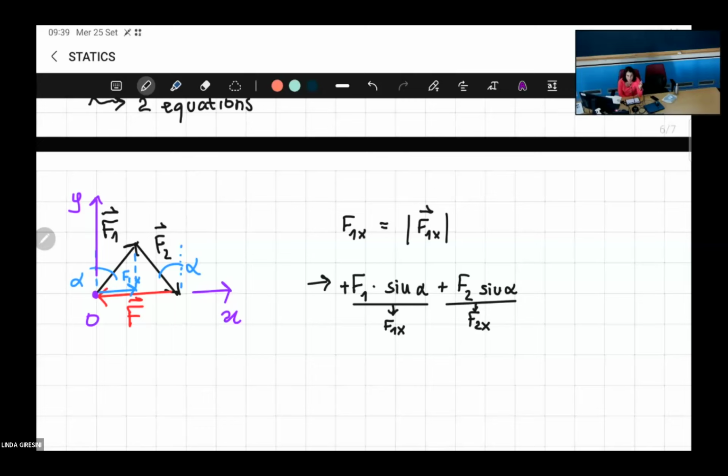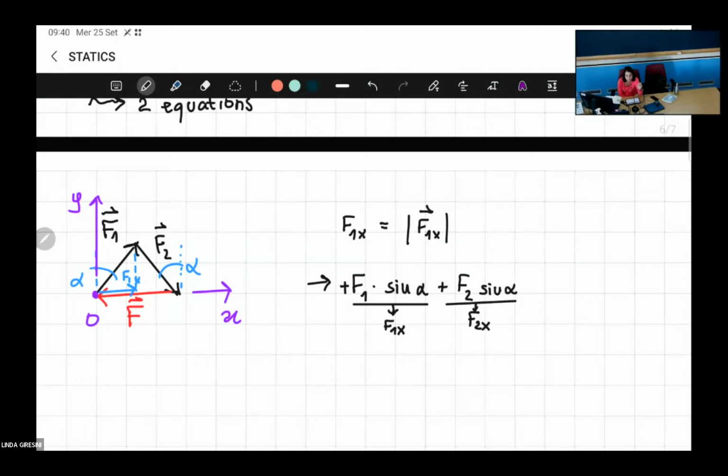We have only three forces in this system: F1, F2, and F. The component of the third force along the x-axis coincides with the force itself, so it is minus F. This is an equilibrium condition, so it is equal to 0. This is the equilibrium in the horizontal direction.